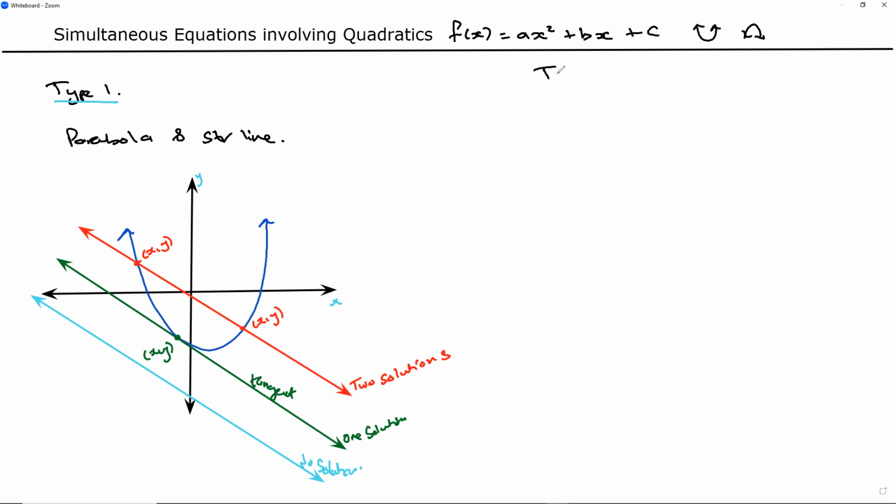Let's look at type 2. Type 2, you have a parabola and another parabola. Whenever I say parabola, I'm basically talking about the quadratic. And in this case, we basically would have these possible options available.